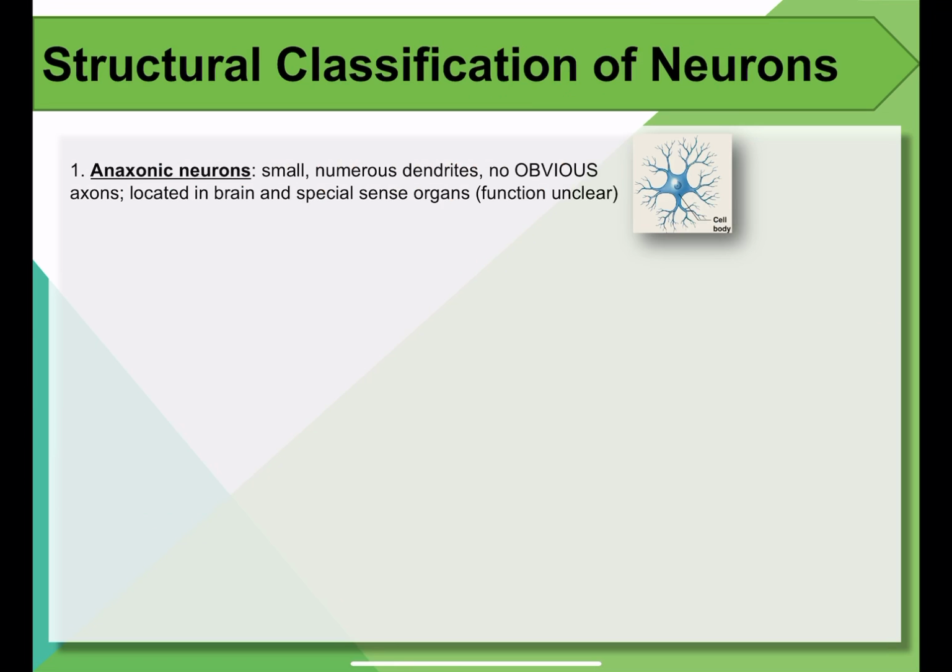They kind of look like this, okay, with just the cell body and the dendrites that surround it. And these are called anaxonic neurons. An usually means without, so they don't have axons. Makes sense, okay? Anaxonic neurons. So they're usually small and mostly located in the brain and some special sense organs as well. But their function is still unclear.